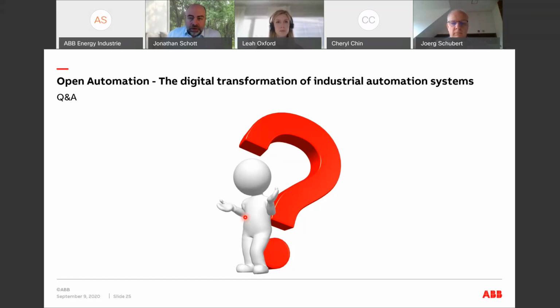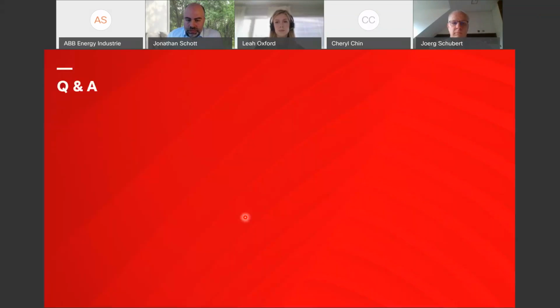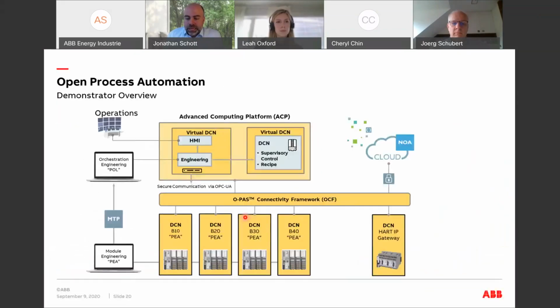That means wherever you engineered your actual device, it is possible if you are OPAF compliant, to export this configuration, import it in any other vendor's engineering tool, and the configuration is understood and is working. So in the end, it doesn't matter which tool you're using. You can use the best-in-class tools to actually engineer the systems.